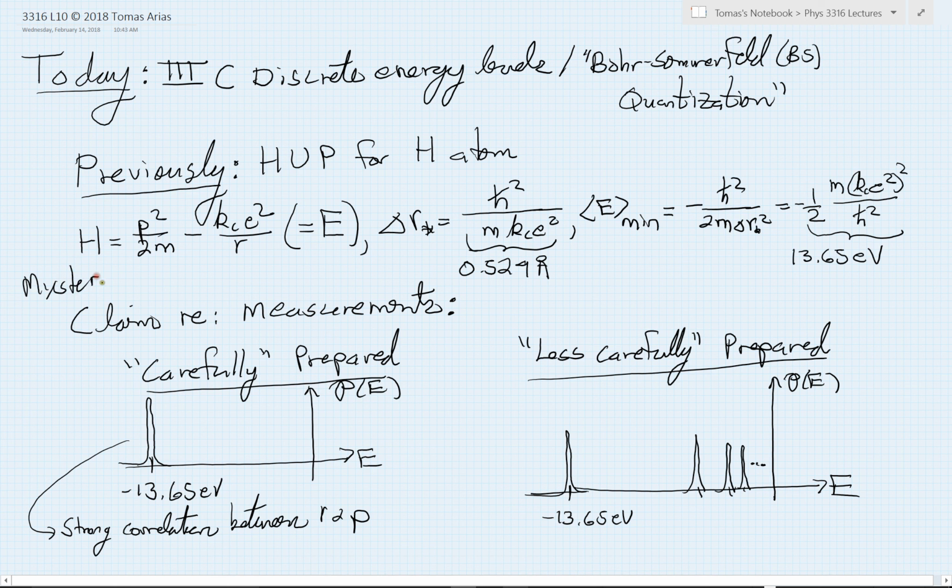The claim that I made, and we will back it up with experimental evidence momentarily, was that when you carry out measurements of the energy for actual hydrogen atom systems, if you prepare them extremely carefully, letting them wait around until they get to their lowest energy state, we in fact find a distribution which is centered pleasingly on what we predicted the average minimum energy would be when things settled down. But what was perhaps surprising is the fact that we always get exactly the same energy, not a distribution.